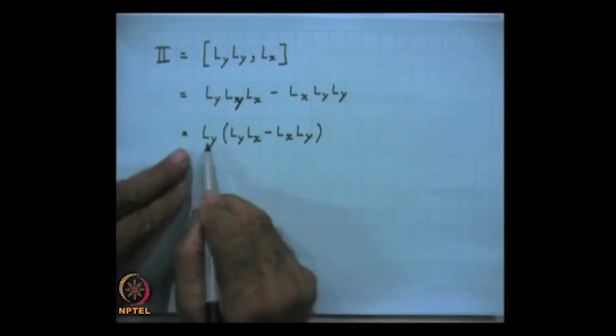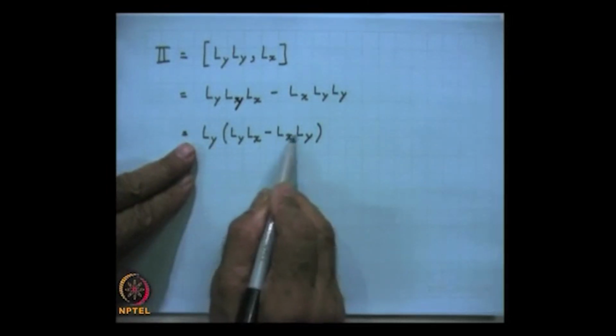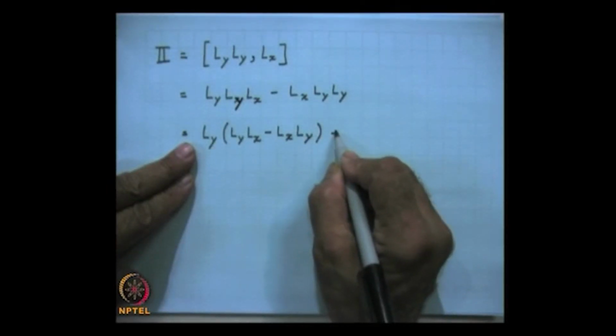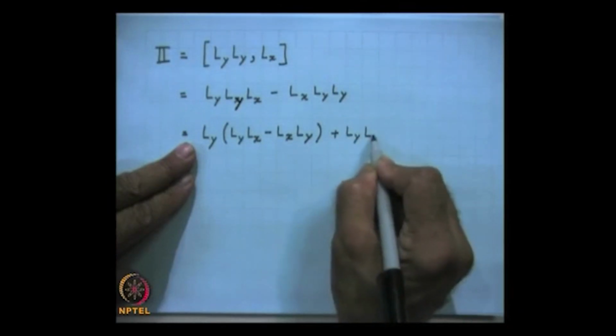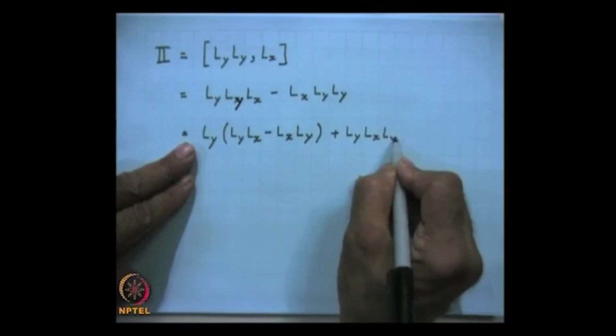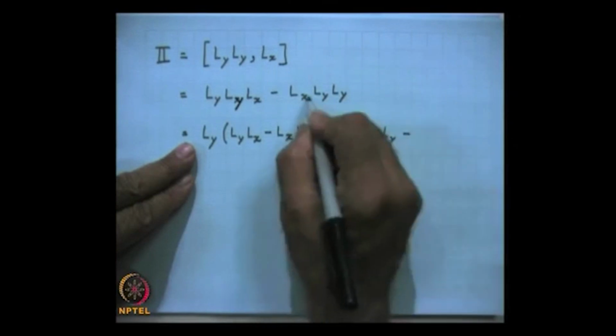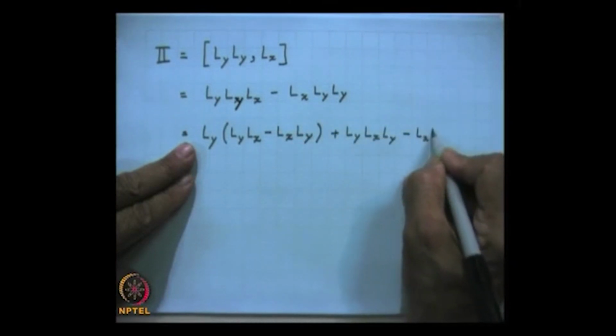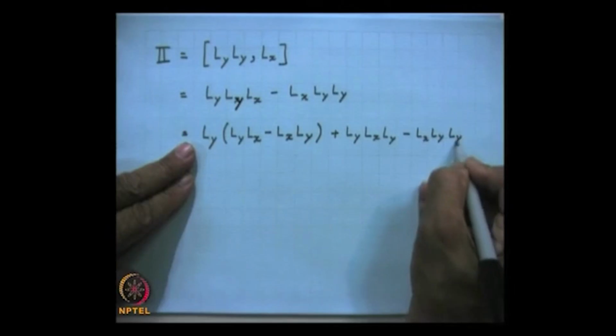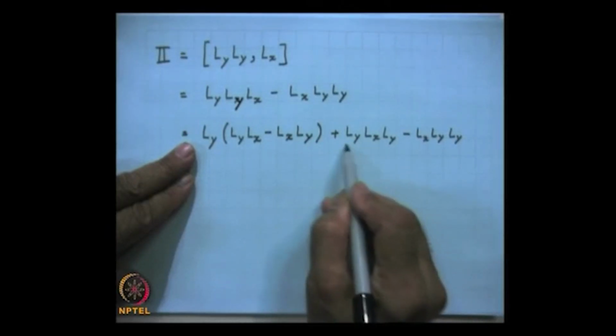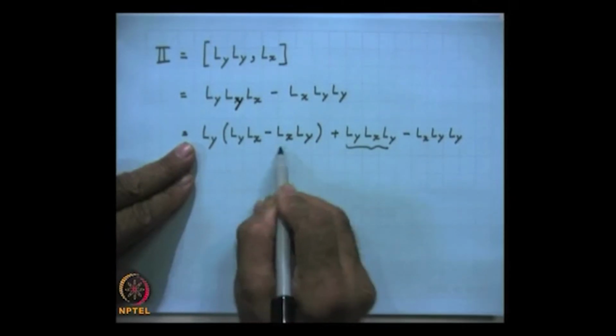So, I have added a term minus L y L x L y. So, I add this term L y L x L y minus this term, I hope you have understood, L x L y L y. I have added this term and subtracted this term.